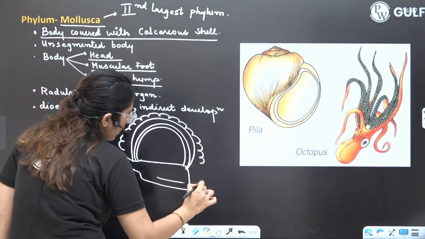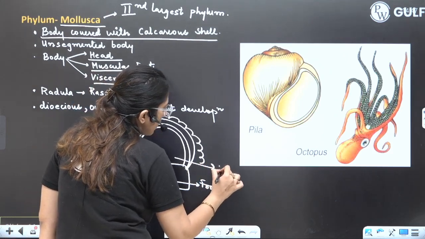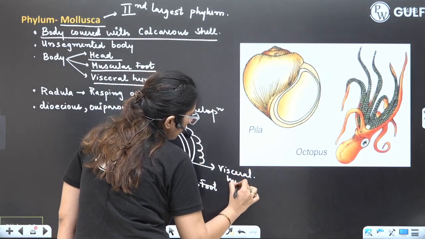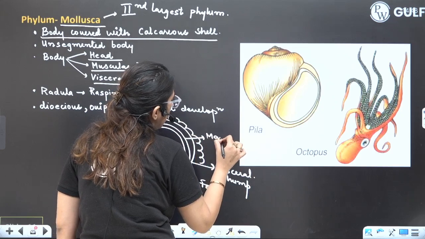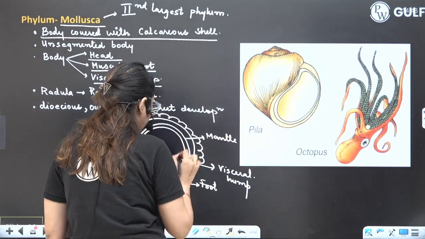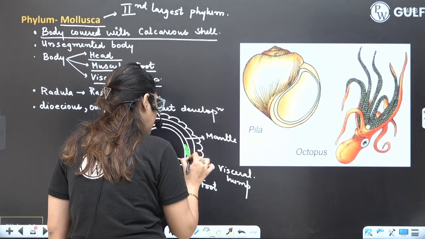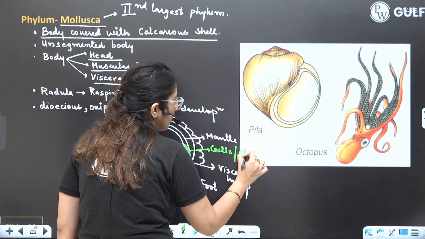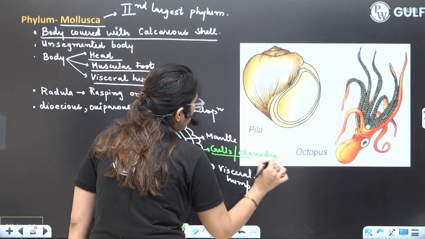This is the foot, this is the visceral hump, this is the mantle, and in this mantle cavity, what will you find? Here the gills or ctenidia are present.